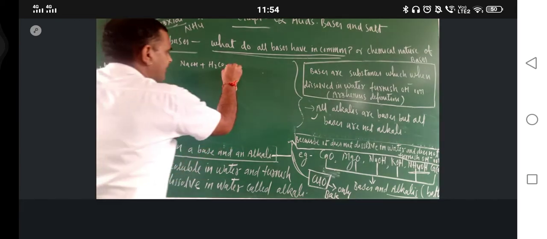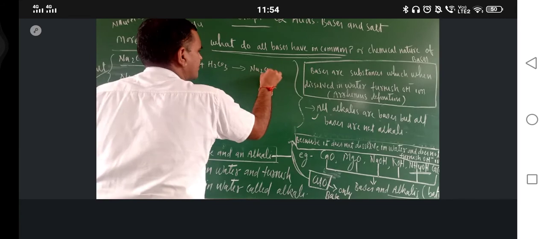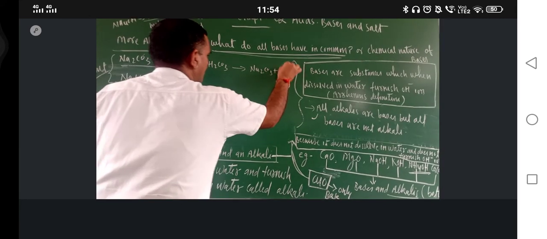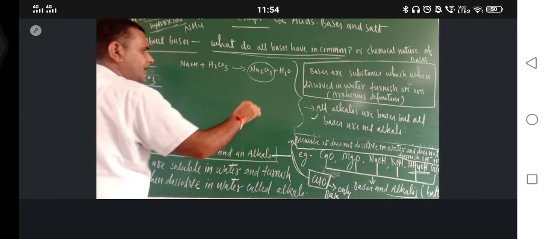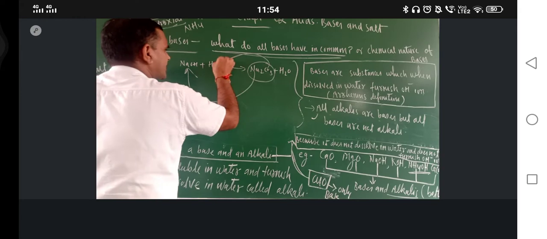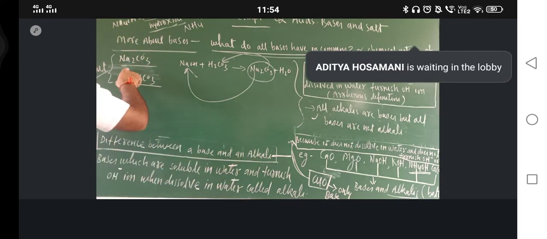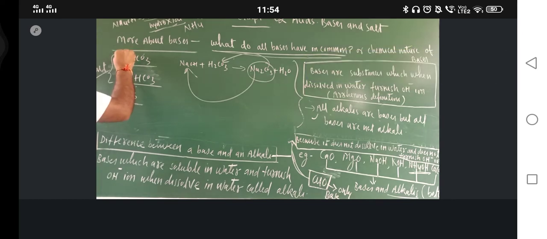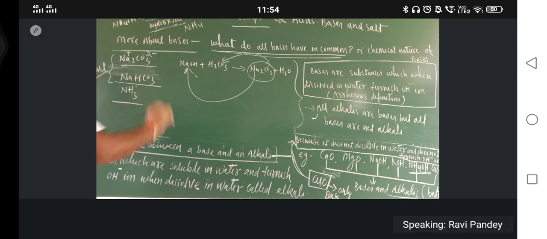When they react together, they form Na2CO3 plus H2O. So you have got Na2CO3. Na is coming from NaOH, CO3 is coming from H2CO3. So in Na2CO3, there are two sodium positive ions and one carbonate two-negative ion.